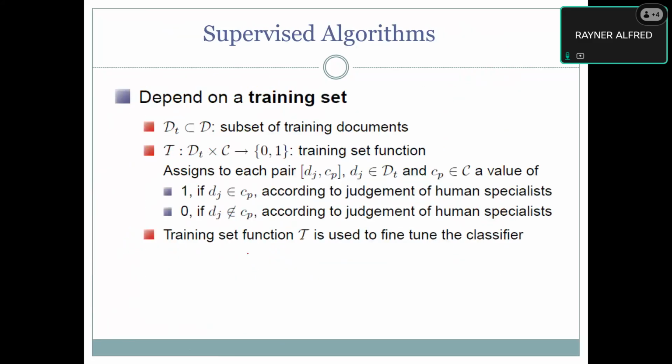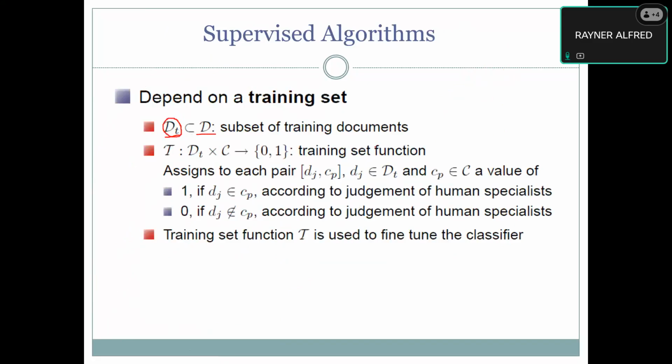So to formalize the setting for the supervised algorithm, for the training data set, we should have a subset of that document from the full document. So this is used for training.